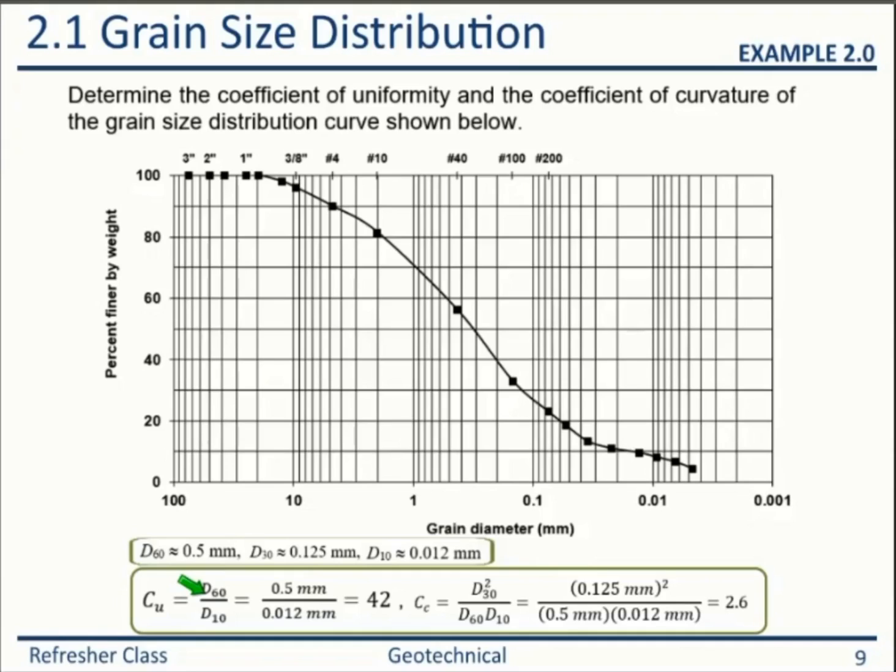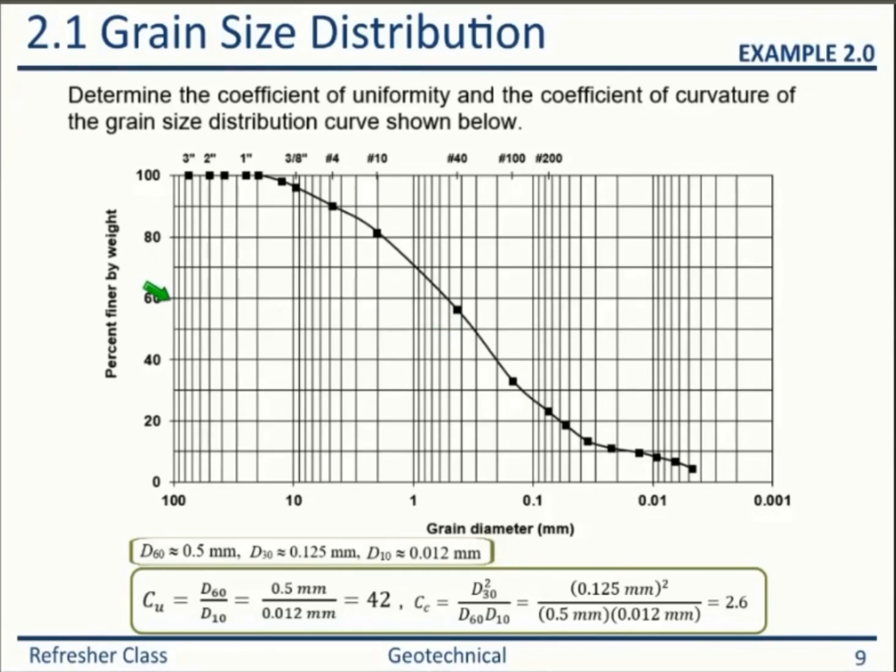If you know how to read the value of D60 and D10 from a given curve, then you can calculate C sub U for that particular soil, because the soil is represented by the curve here. So for this soil, you need to calculate C sub U and C sub C. First you need to calculate D60.